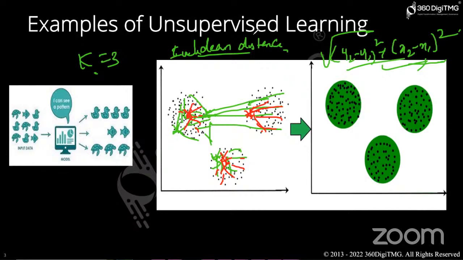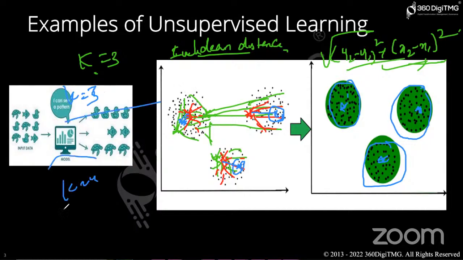Again, it will calculate the mean of those clusters, and if there is any change in the mean, it will change the centroid. Until there is no change between the previous centroid and the present centroid, it will keep moving. Finally, it will become constant. Then it will form the clusters. These are the 3 clusters when you have given k equal to 3.